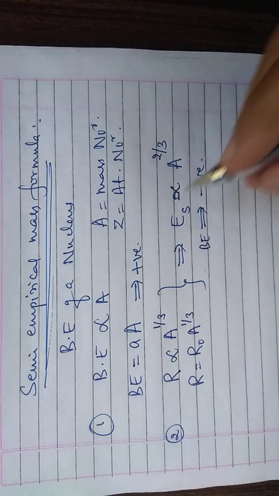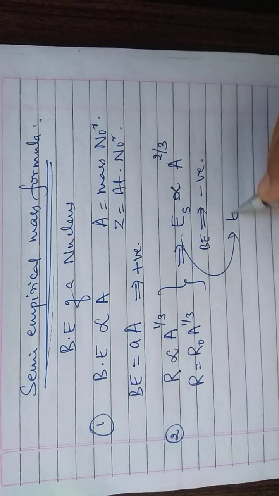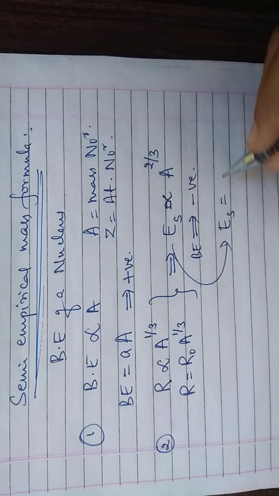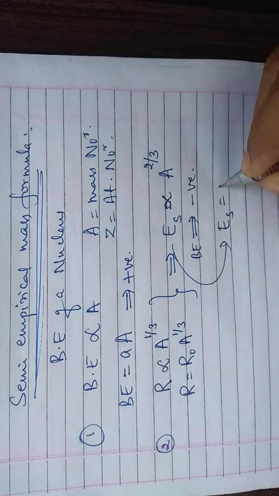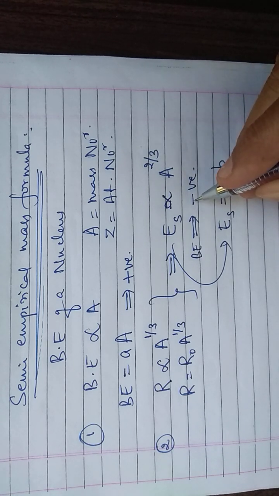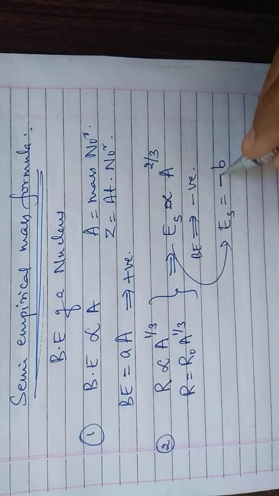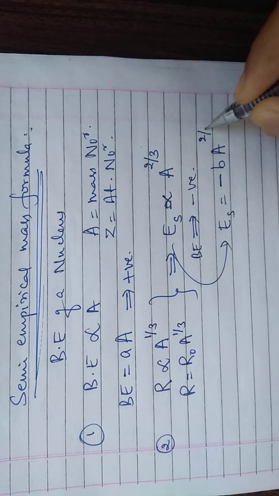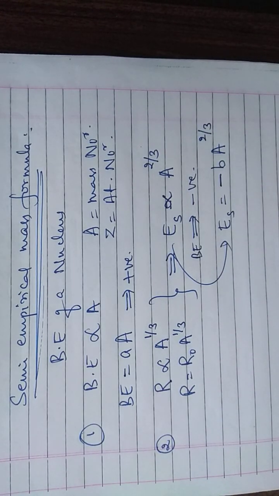So I can write ES, the surface energy, is equal to minus B, a constant. The negative sign indicates that as it increases, the binding energy, instead of increasing, goes on decreasing, a negative effect: minus B into A to the power 2 by 3. This is the second concept.